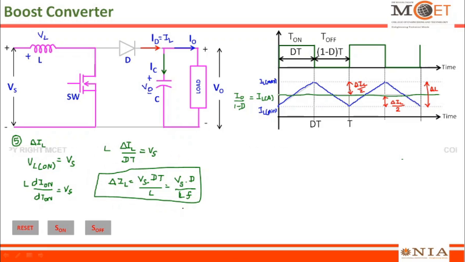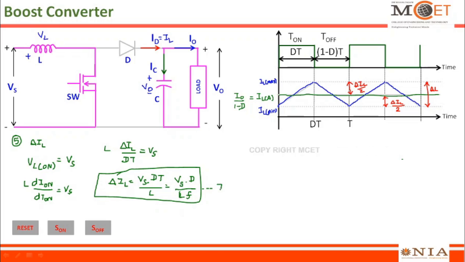It is not necessary for you to remember all these expressions. Just understand the procedure. Within a few seconds, you can easily calculate this delta IL. You find out the value of the inductor voltage when it is in on condition, simply substitute di on as delta IL and dt on as dt, and finally you will get delta IL equal to Vs into d divided by Lf.